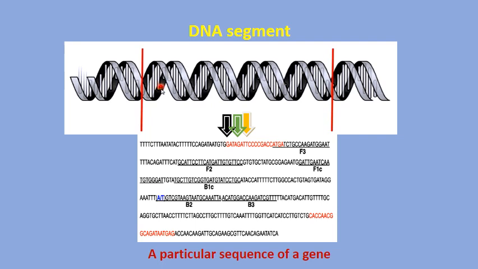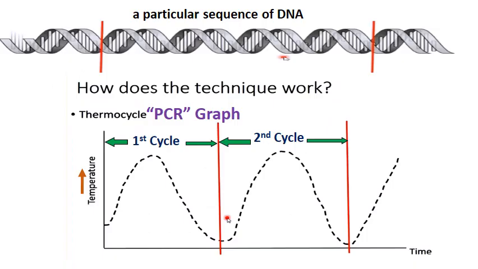So this device is so important. It can be used for several purposes. To obtain a million copies of a specific target sequence of any gene for any organism, you use this technique, PCR or polymerase chain reaction.